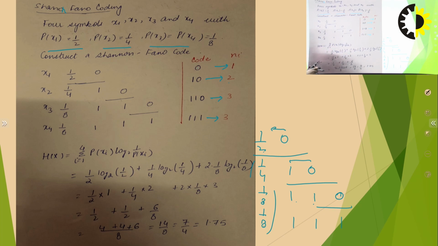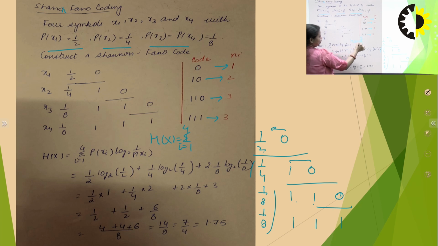So for entropy, what do you have to find? H(X). The formula for entropy remains the same in both Huffman coding and Shannon-Fano coding. So what is the formula? H(X) is equal to the summation of i equal to 1 to, how many symbols are here? 4 symbols.